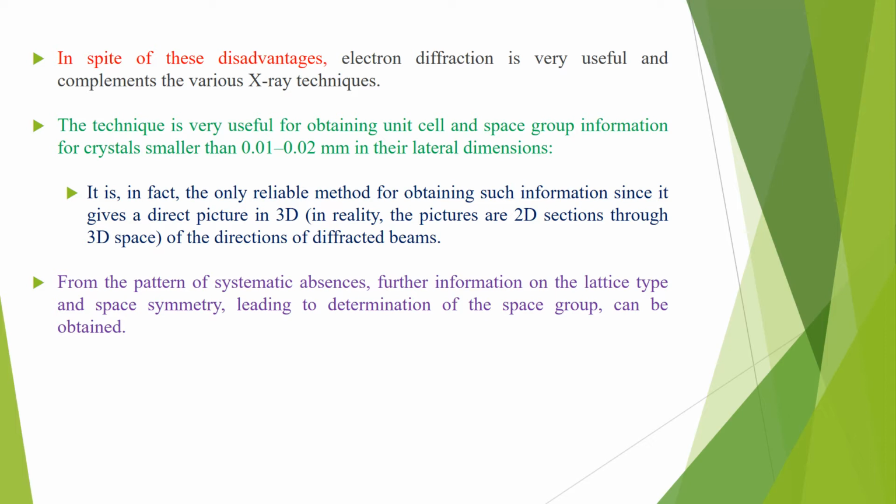From the pattern of the systematic absences, further information on the lattice type and space symmetry, leading to determination of the space group, can also be obtained by using this electron diffraction technique.